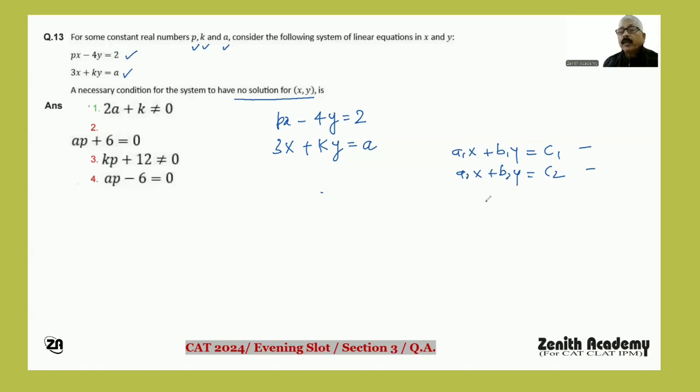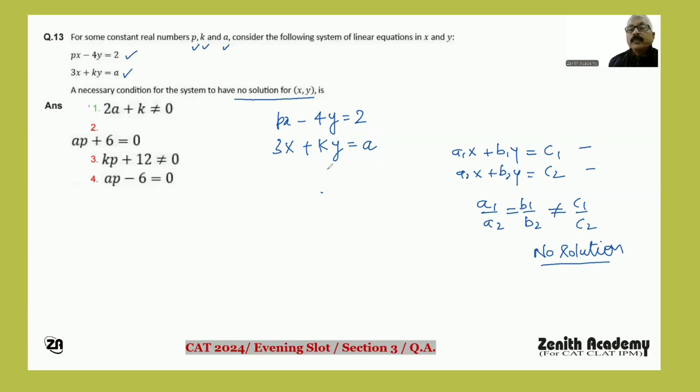If a1 upon a2 is equal to b1 upon b2 but not equal to c1 upon c2, then no solution. Just this small thing you should have remembered, and this question would be finished, right?